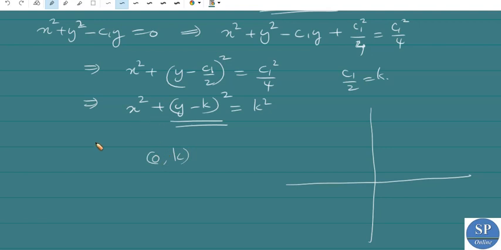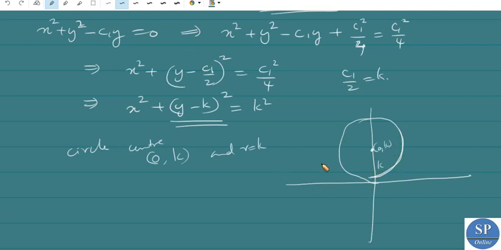This is a family of circles with the center 0 comma k and radius k. If k is positive, then the center will be here, and the radius is this k. This is the point 0, k and radius k.